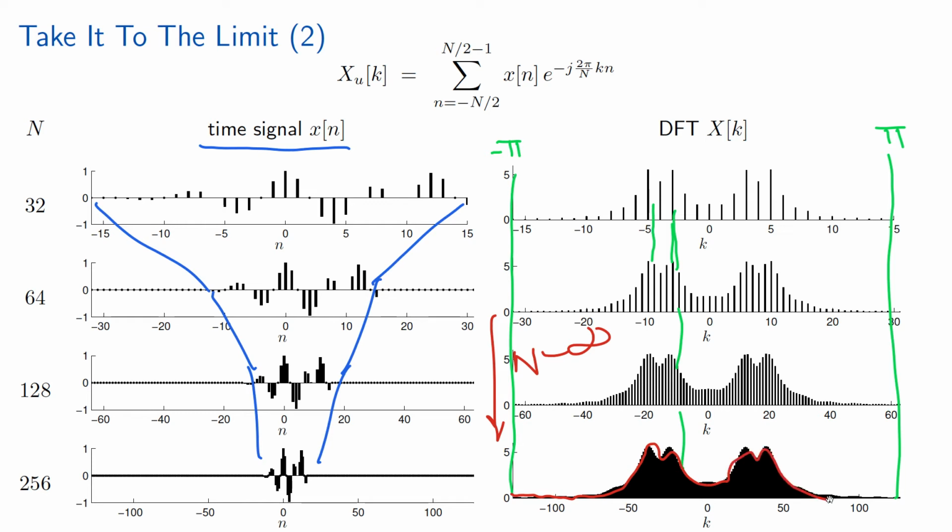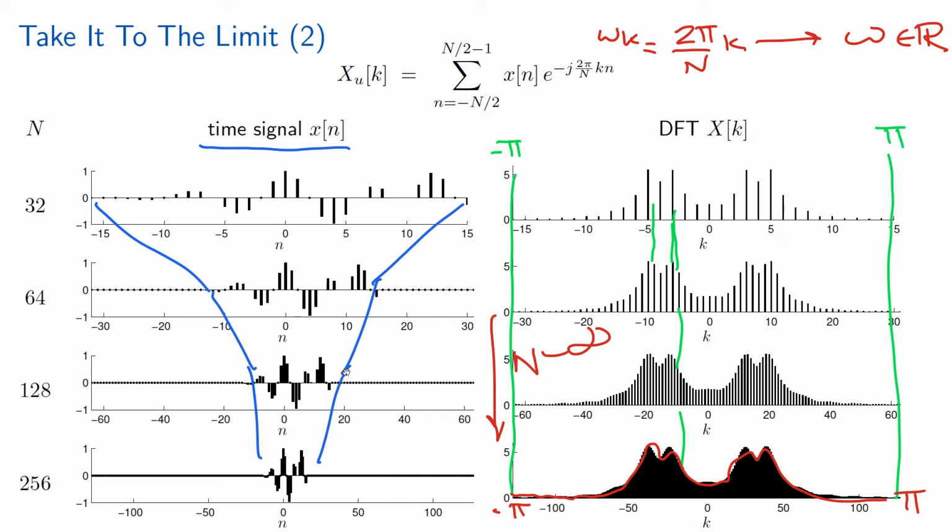A function of a continuous variable. That basically the frequency omega k, which equals 2 pi over n times k, is going to converge to a real valued variable omega that lives between the values minus pi and plus pi. And that's exactly what happens by this limiting process.